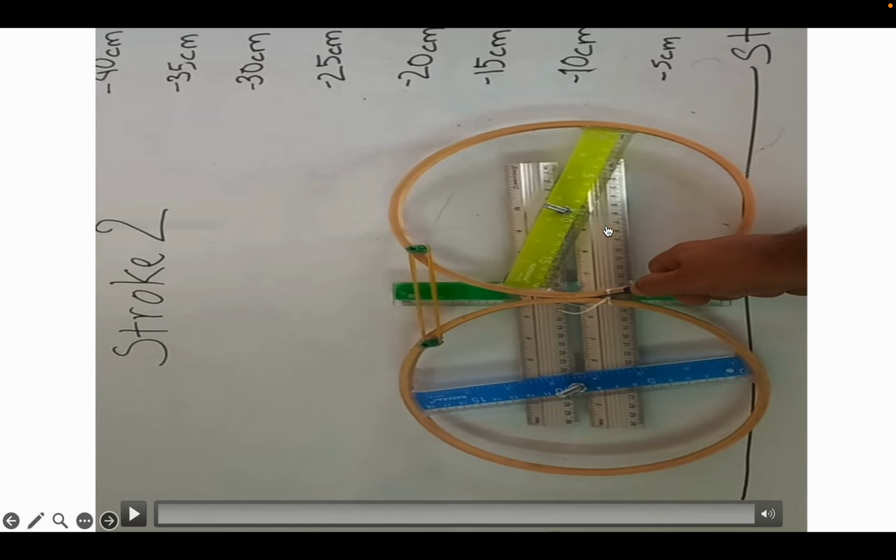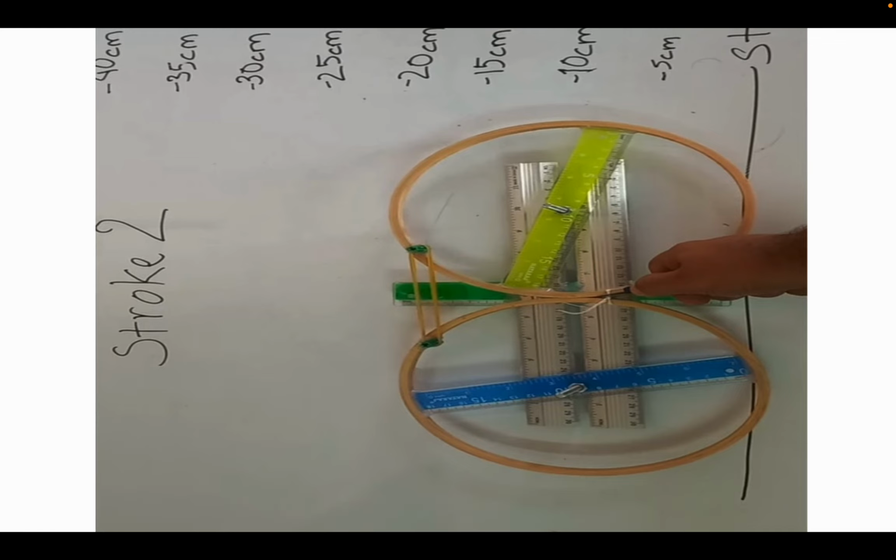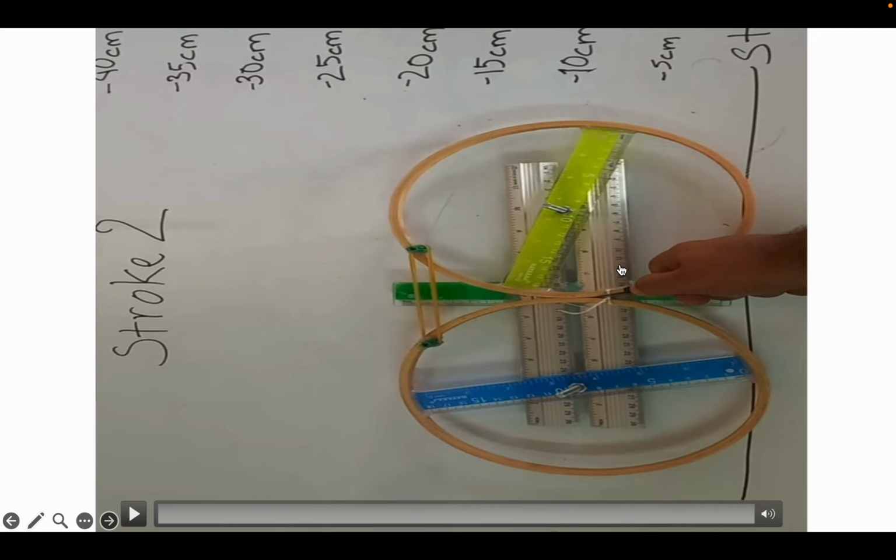Here, this is a cart, and two rings are placed above the cart, and the thread is tied here to balance the force of the rubber band. Let's see what happens. Okay, let's cut the thread.